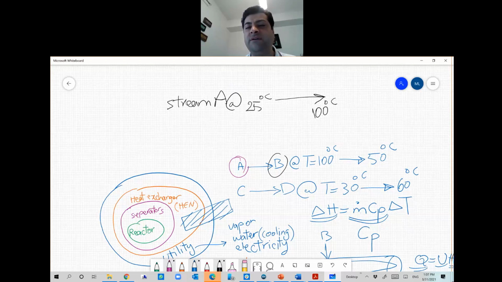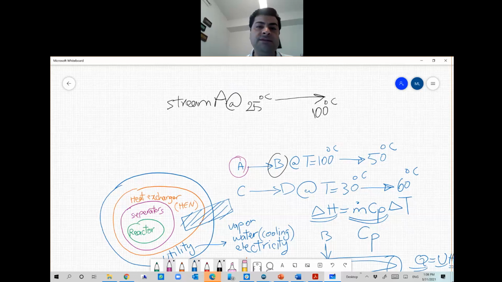So for this one, you have to define a specific boiler, for example, or a specific heater in order to heat up stream A. When you use a specific heater which supplies the heat by vapor or by electricity or by any other method, this kind of heat exchanger we call a utility heat exchanger.